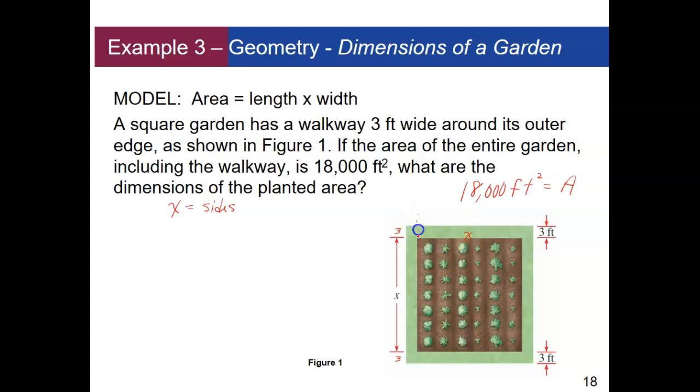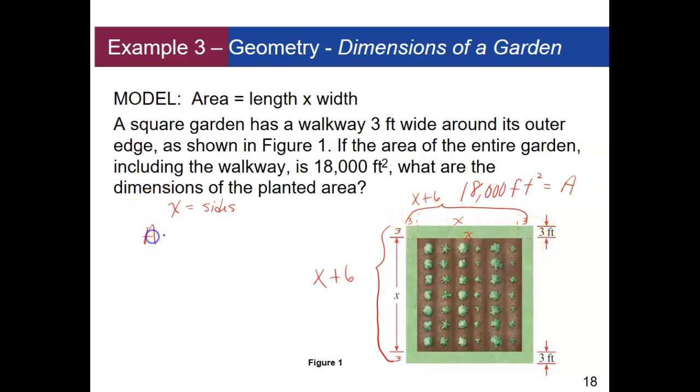And going the other direction, this is also X. This would be 3, and this would be 3 because our walkway is 3 feet wide in each direction. So my total for this side is going to be X for the planted area plus 6 for these 2 walk areas here. Same thing on this side. We're going to have X plus 6. So we've got the X for the planted area plus 3, and 3 gives me 6.